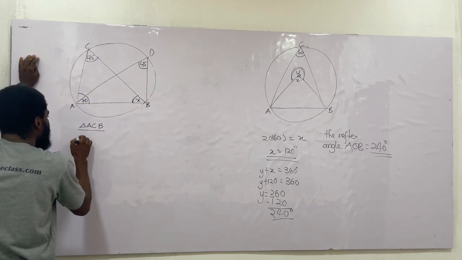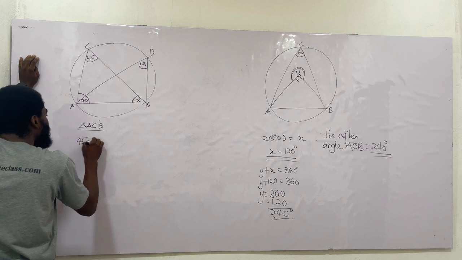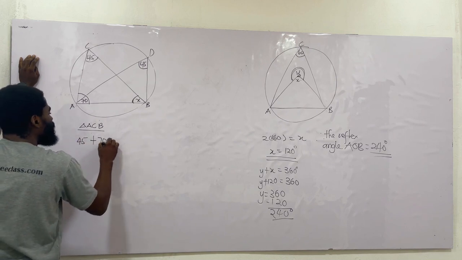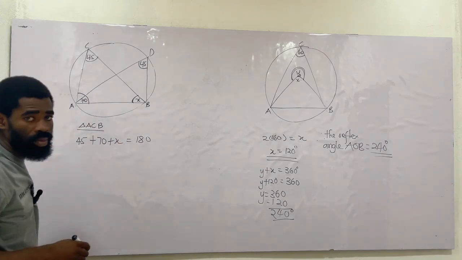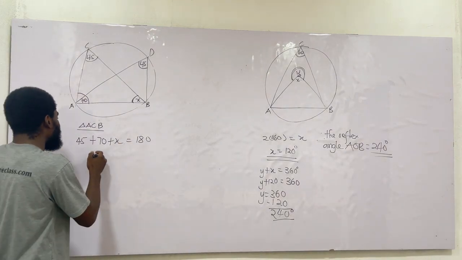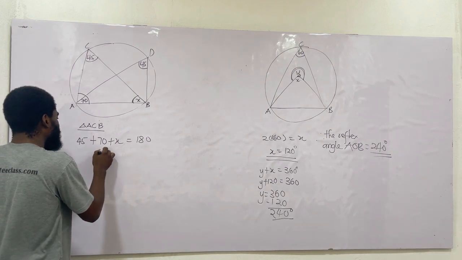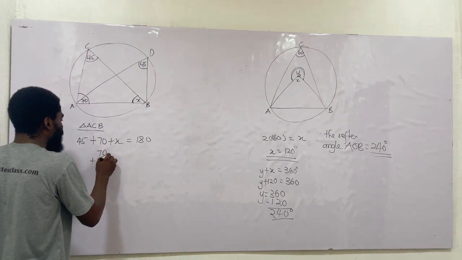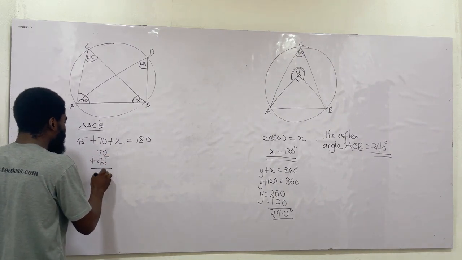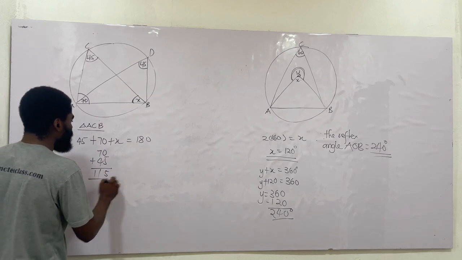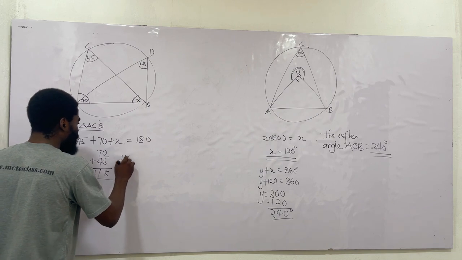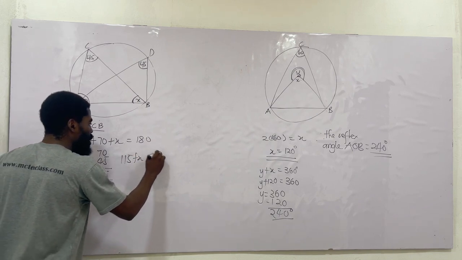what can I say from there? I can say that angle 45 plus angle 70 plus angle X should be equal to 180 degrees. Then I add 70 to 45, which gives me 115. So 115 plus X equals 180.